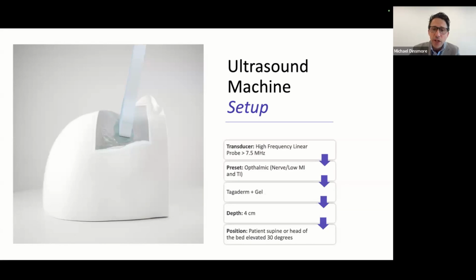On the new units, often you'll have an ophthalmic view. But if you don't, if you're still using one of the older systems, you can use nerve, or you can use small body parts, which we'll go into a little bit. You need a big Tegaderm that you're going to put over the closed eyelid, and then you need copious amounts of gel. You're going to set your depth at about 4 centimeters, and then you can start your scanning.